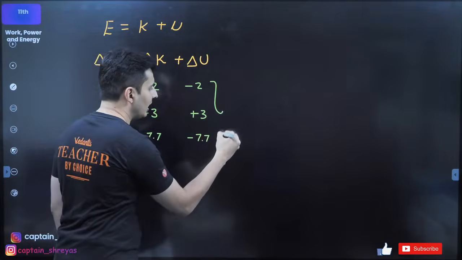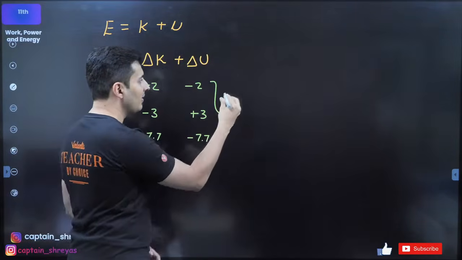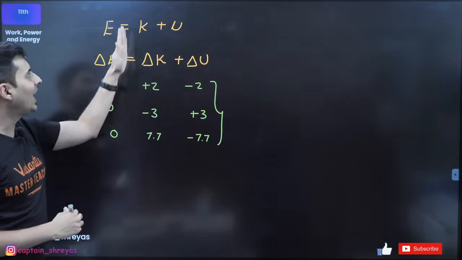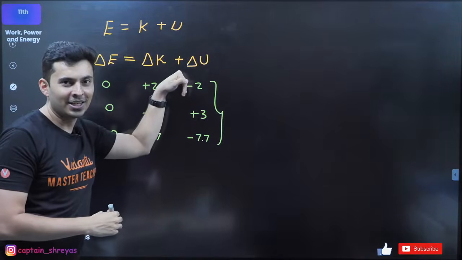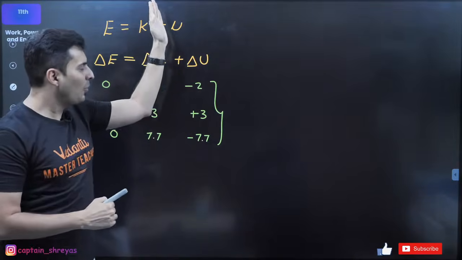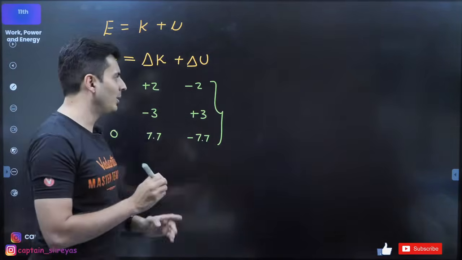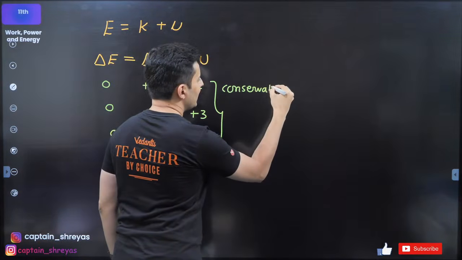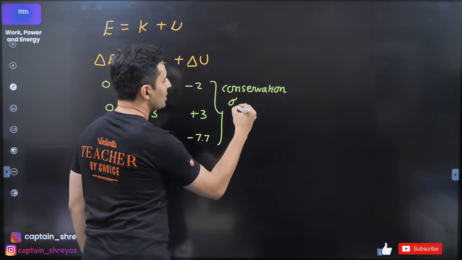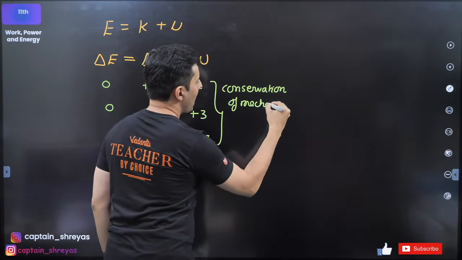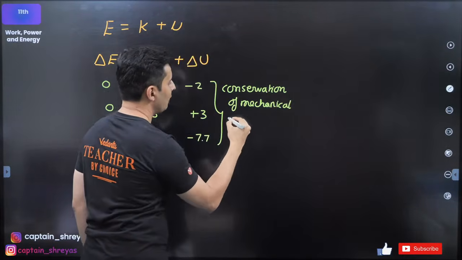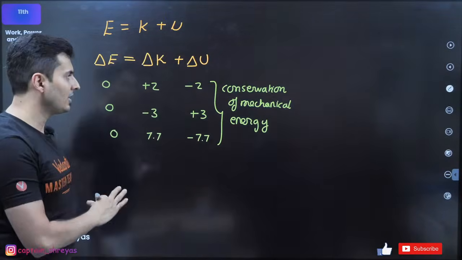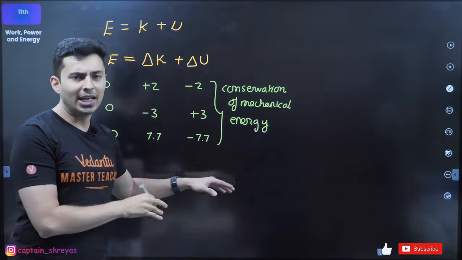This particular condition is going to happen when the total mechanical energy is conserved. If kinetic energy increases, potential energy decreases. If kinetic energy decreases, potential energy increases by the exact same amount. This is the principle of conservation of mechanical energy. When will that happen? I will tell you.